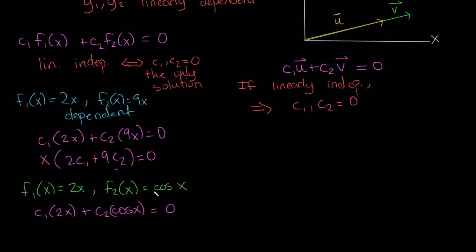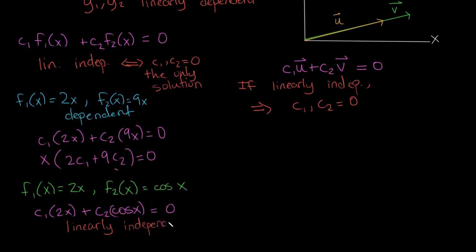So I don't know about you, but I don't think this has any solutions where c1 and c2 aren't 0. So what we would say is these two functions here are linearly independent.